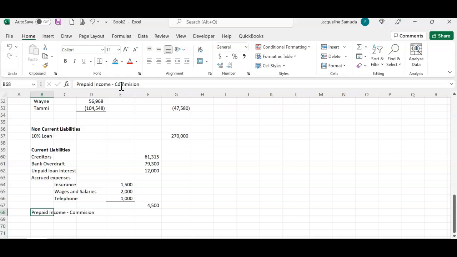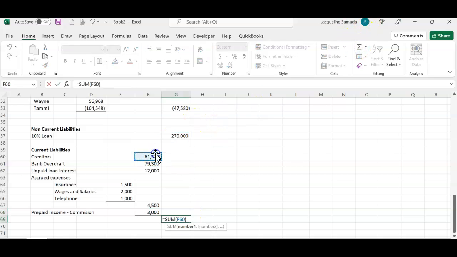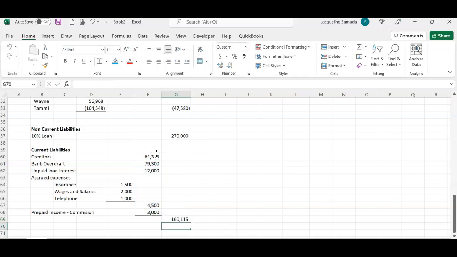So the total current liability comes to $160,000. So this wraps up the credit part, the bottom part of this statement of financial position.